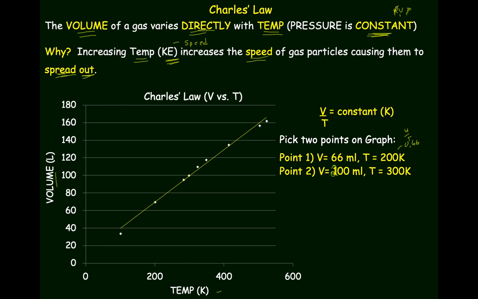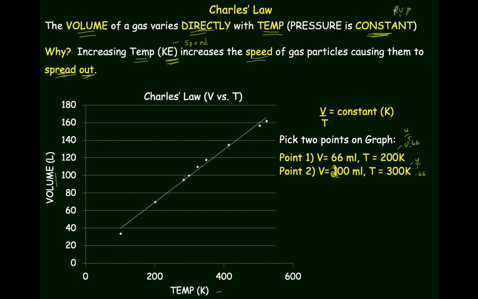If we take 200 and divide that by 300, again, we're going to get 0.66. So this number should be 200 here. V divided by T, we're going to get 0.66 again. So any points on the graph that you would choose would give that value.